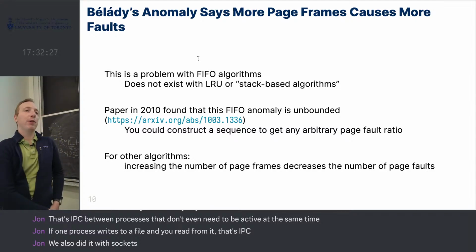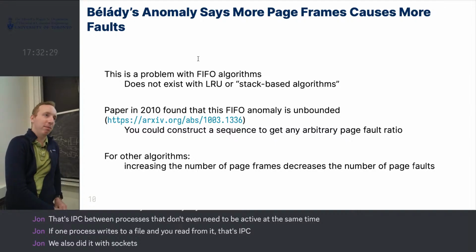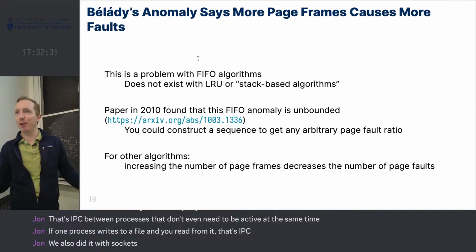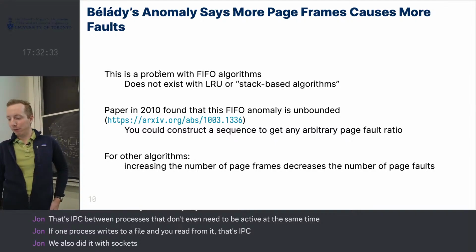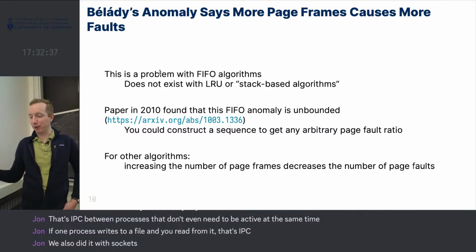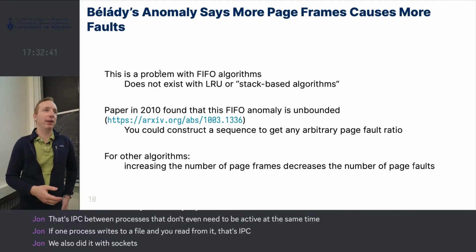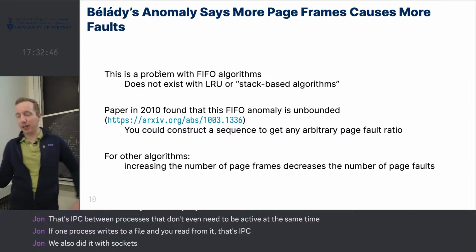If you are super interested in this, if you wish you were in math or something like that, a bunch of math people wrote a paper in 2010 that said this is actually unbounded, filled with a bunch of Greek letters that I can no longer read anymore. If you want to try and read it, be my guest.